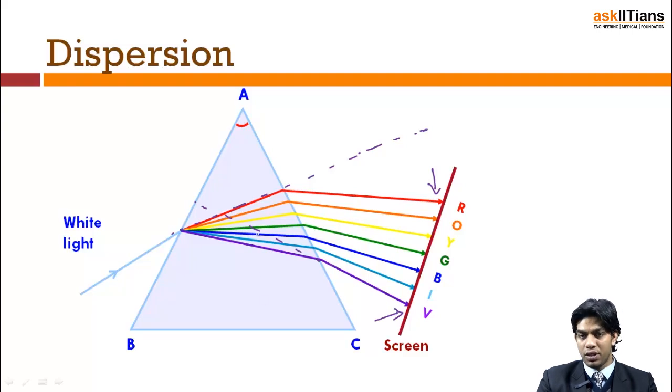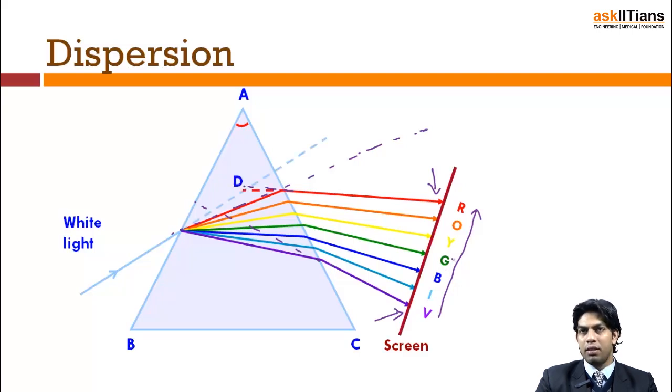It's a huge deviation compared to red. Red has not so large a deviation, but violet has a considerable deviation. Another important fact is that from violet to red is the direction of increasing wavelength.